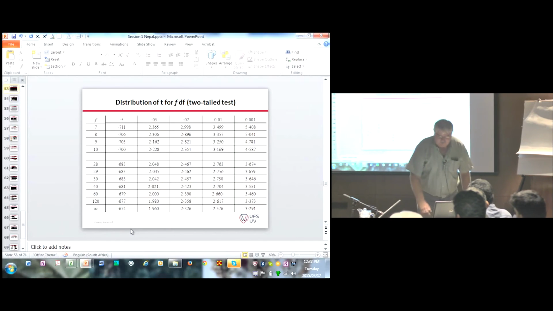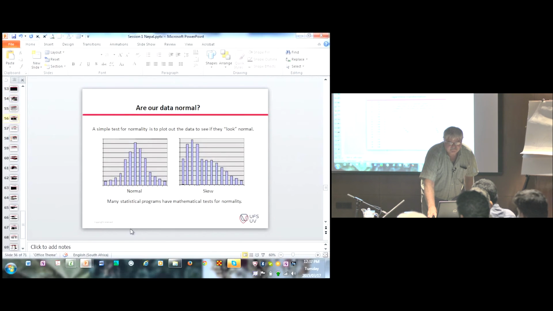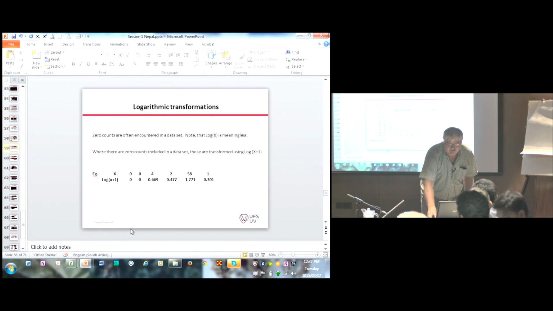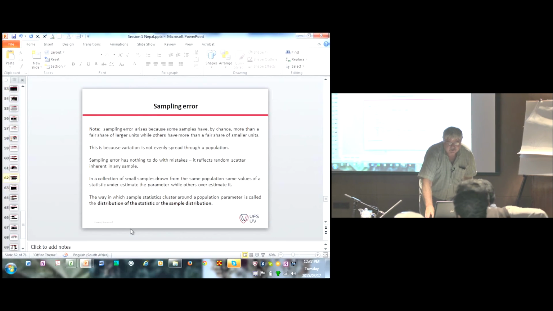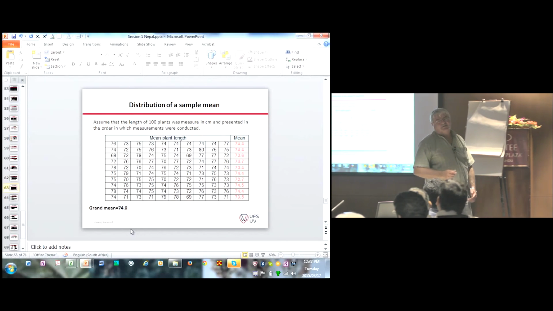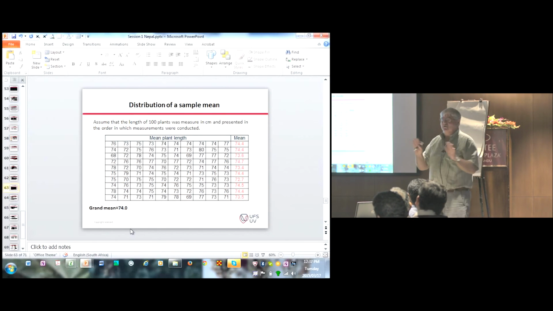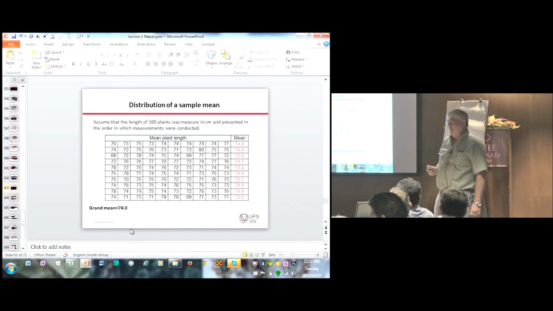Now, before I get to the actual analyses that we use, and this is the last concept, I promise you, after that we'll get to analyses. The analyses will be very easy if you understand this.